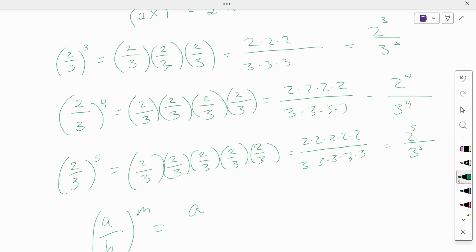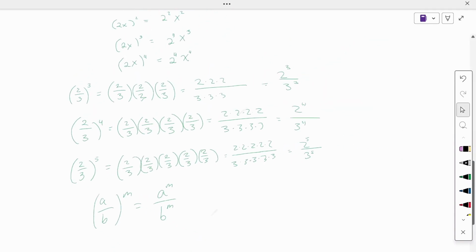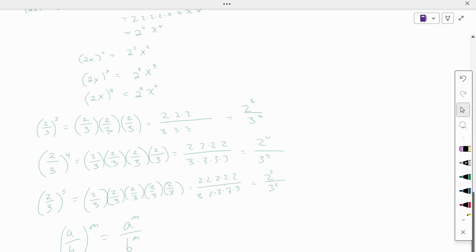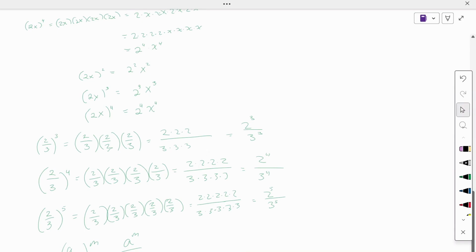In conclusion, anytime you have one number divided by another number raised to a power, or a fraction raised to a power, the numerator and the denominator both get raised to that power. Now let's look at how we may use these two rules in a more nuanced fashion.